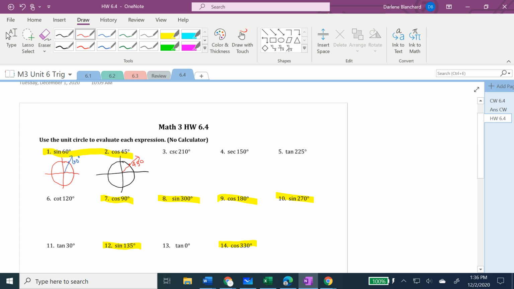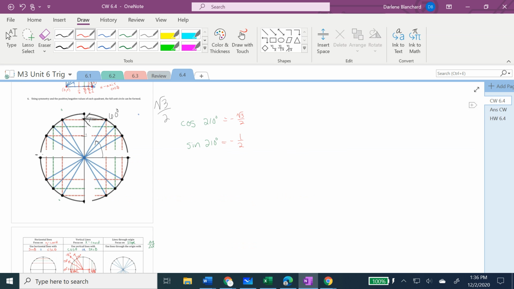Cosine is asking what is the x-coordinate of that point. So 45 degrees, and I actually want to use a thicker line. So 45 degrees, what is the x-coordinate of that line? It's on the positive x-axis, positive 1, positive 2, positive root 2 over 2.